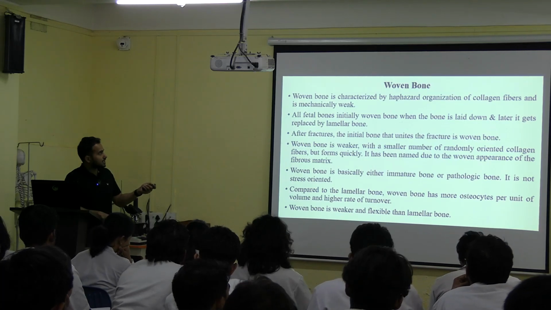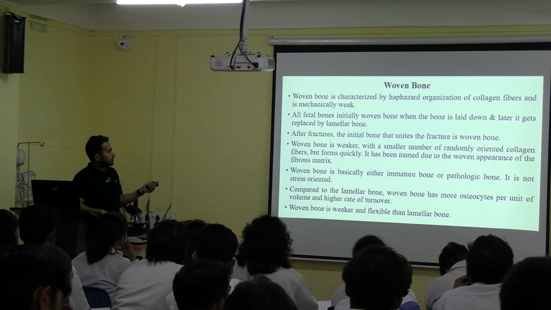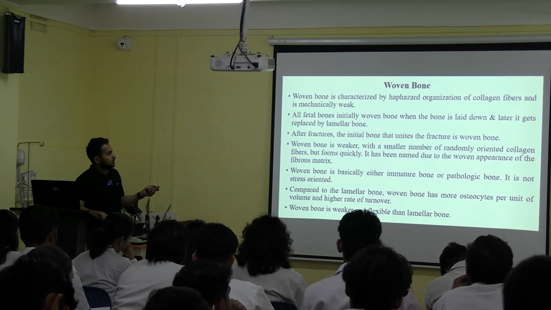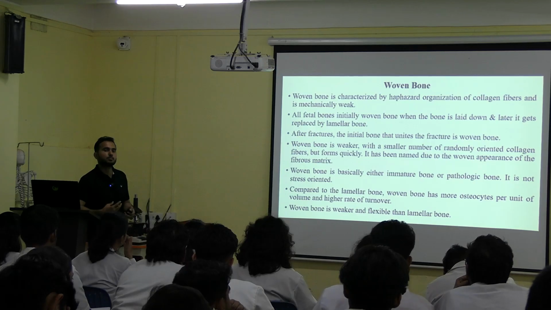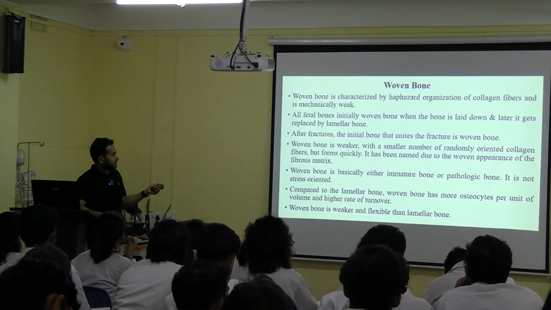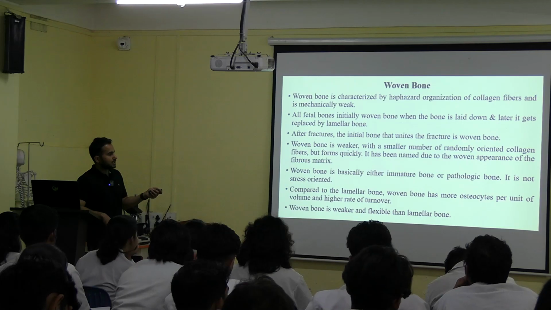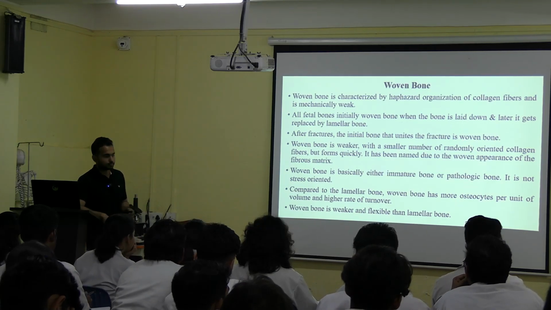Haphazard organization of collagen fibers is there, so it is mechanically weak. In fetal development also, the bone formed is woven bone. After a fracture, the initial bone that unites the fracture is the woven bone. So these are some examples where woven bone is present.